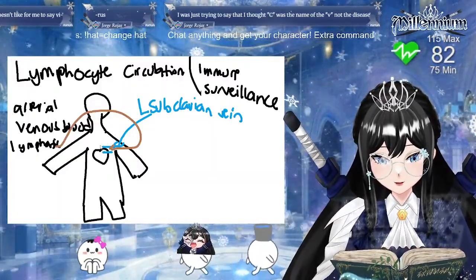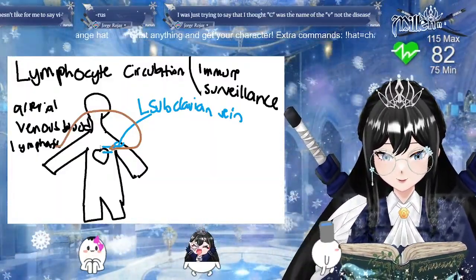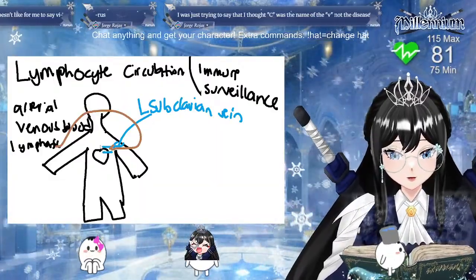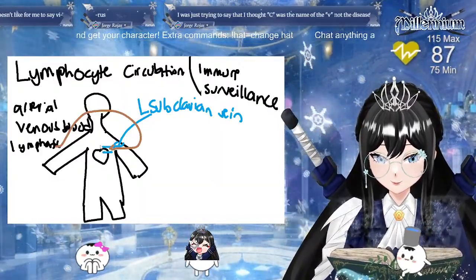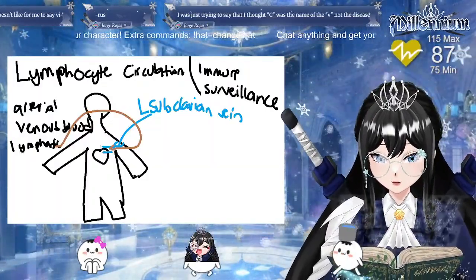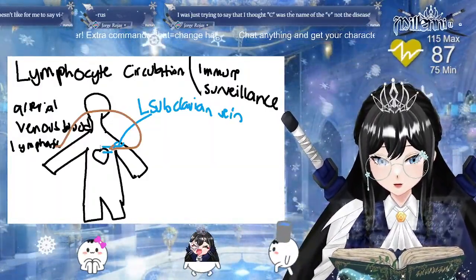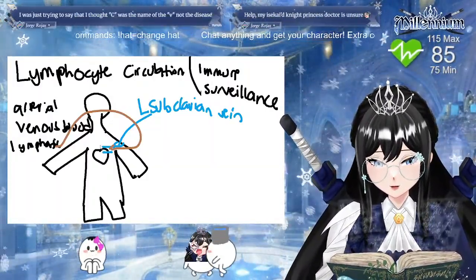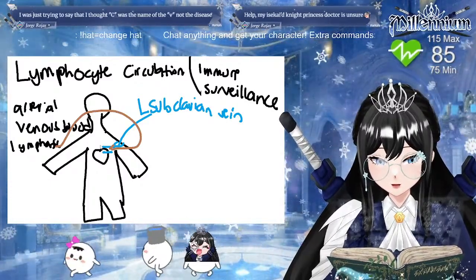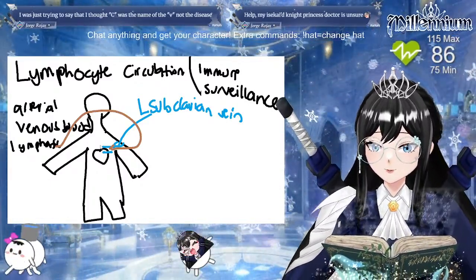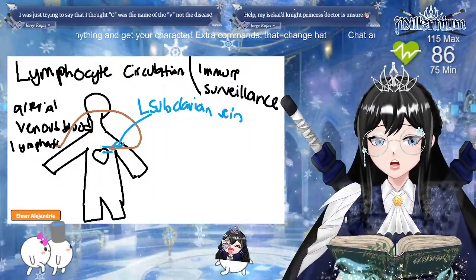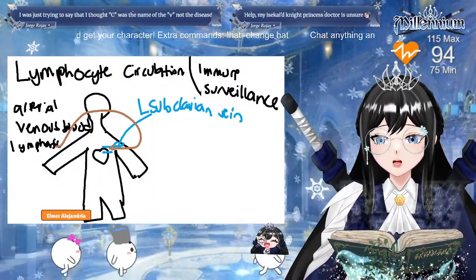Okay, we have the naive lymphocytes, the baby lymphocytes, enter the lymph nodes via arterial blood. Essentially going back and forth. Left subclavian vein. Pathogens from the site of infection reach the lymph nodes via lymphatics. I know, it's like, which way are they going?